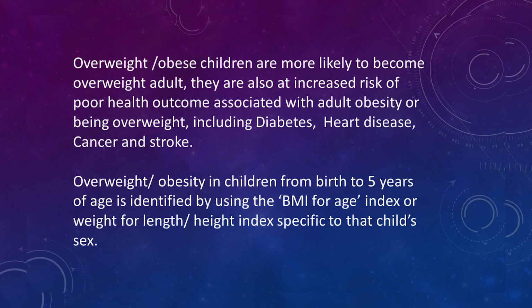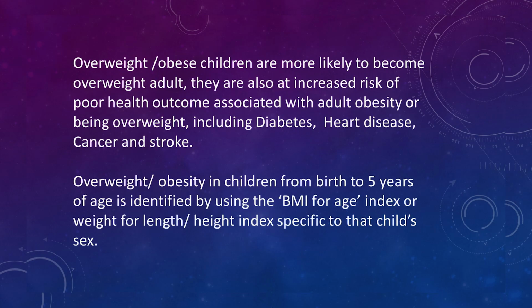Overweight and obesity in children from birth to 5 years of age is identified by using the BMI for age and the weight-for-length or height index specific to that child's sex. So overweight is diagnosed by measuring the BMI of that child. As underweight is a problem, overweight is again a bigger problem in children.